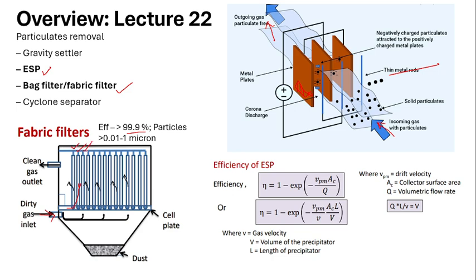Filter bags are present vertically in this chamber. The gases flow through each bag and finally the clean gas comes out. The fabric cloth is of many types, the aspect ratio should be maintained, and depending upon the type of dust present in the gas, the fabric cloth should also be changed. So this is the most efficient method to clean the air.